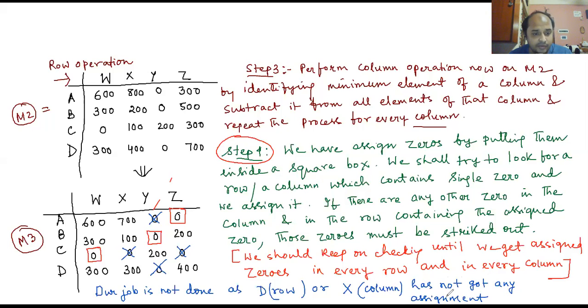But here I can see that there is a row and a column which has got no assignment at all. So my job is not done. So I'm going to do something right now on the matrix M3. For that, I need to write the matrix M3 without assignment once again. So I'm going to do that on the next page.